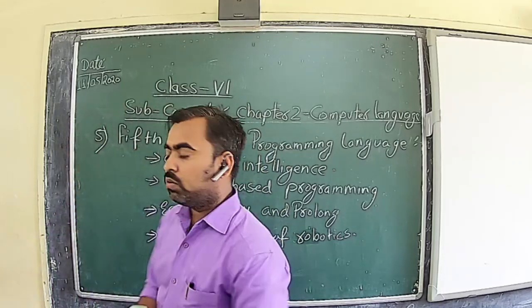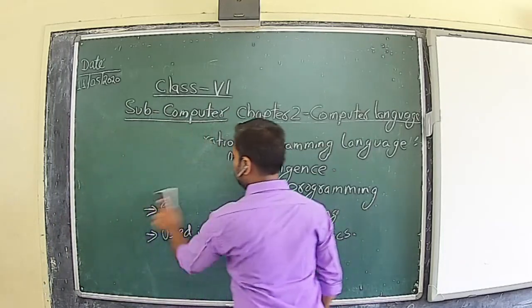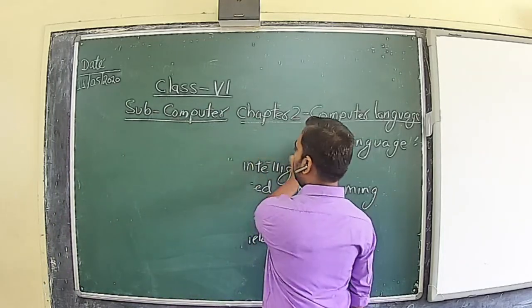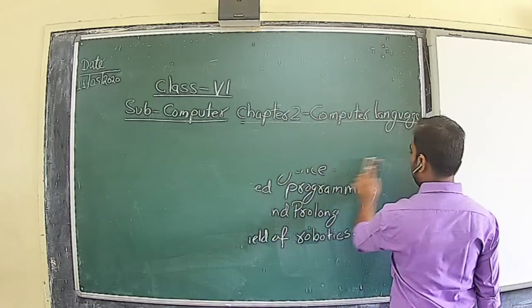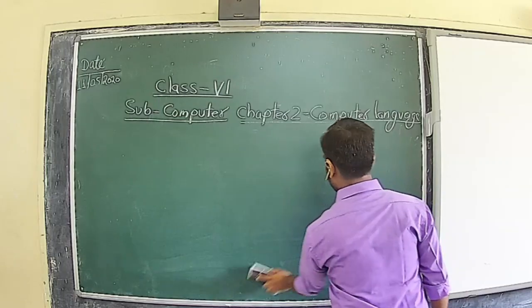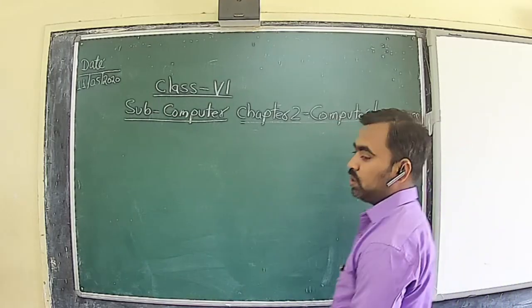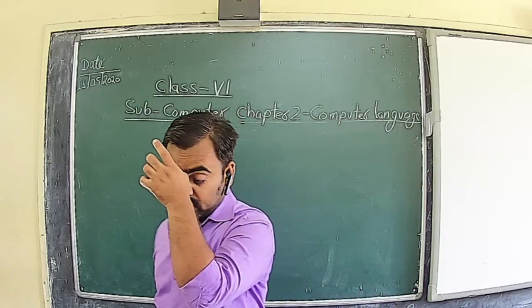Okay. Now, these are the five classifications of programming languages, or you can say computer languages, depending on the uses and how the languages are created and written.